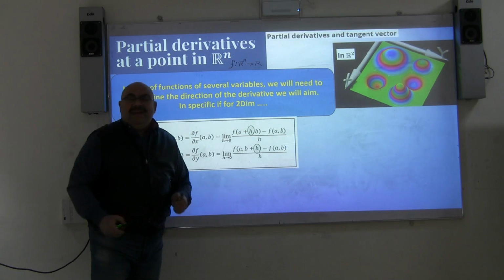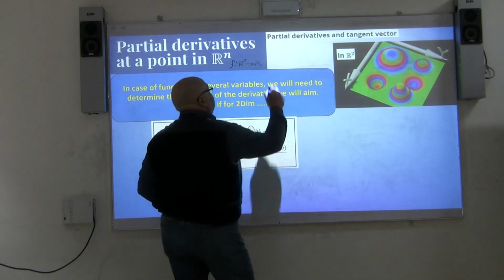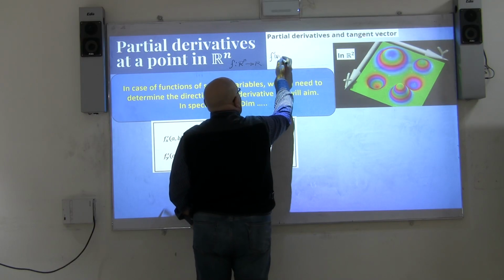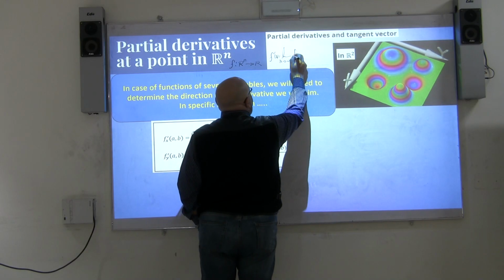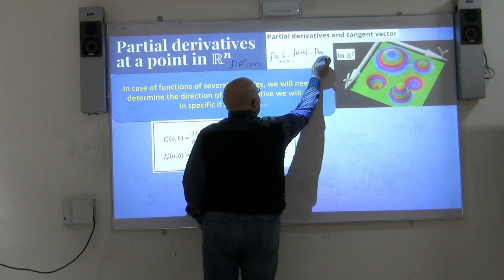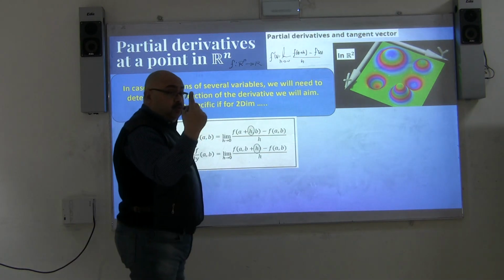Remark, it is exactly the same law. Can you remember the law that we were using? Yes, it's f dash at a, the limit as h tends to 0 of f of a plus h minus f of a, divided by h. This is the law once you are dealing with one variable.